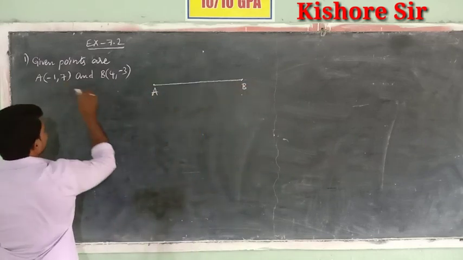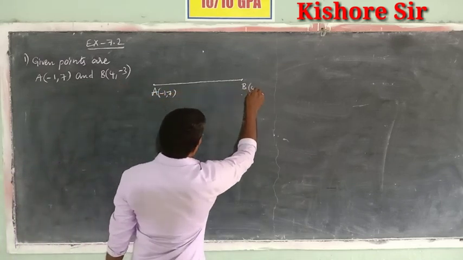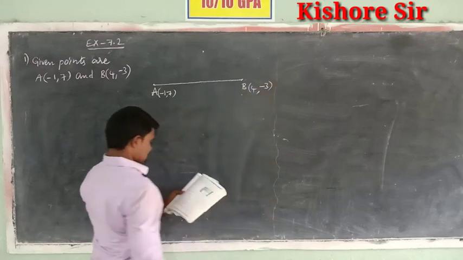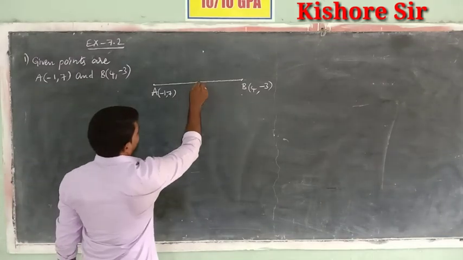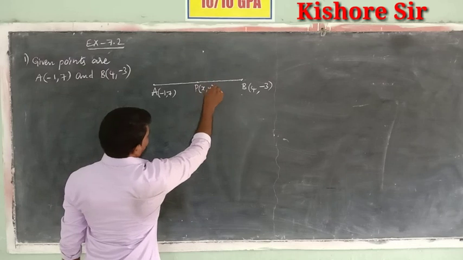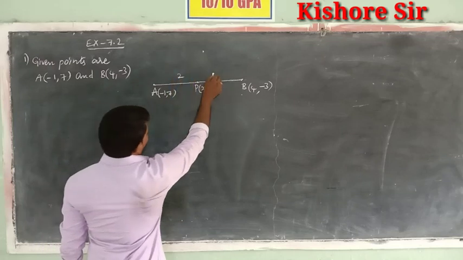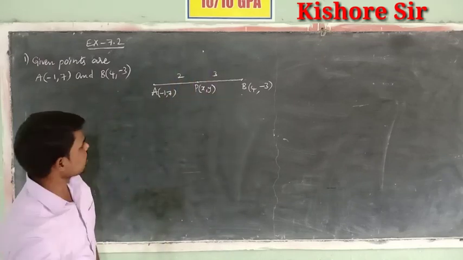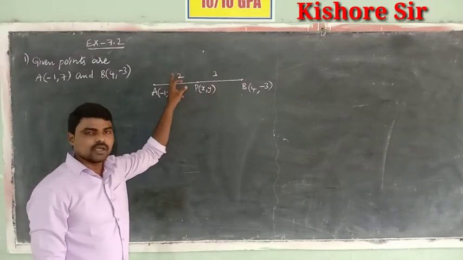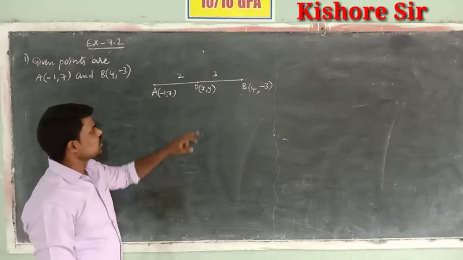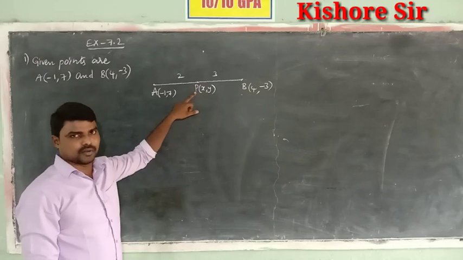Let us take a point P x comma y which divides the line segment AB in the ratio 2:3. We have to find the coordinates of the point P. We can use the section formula.